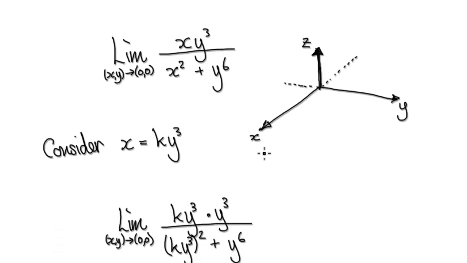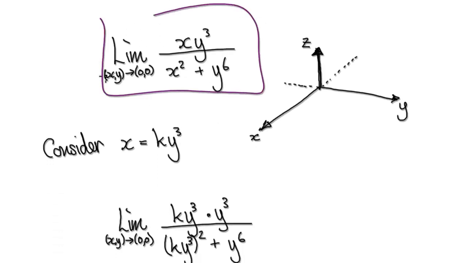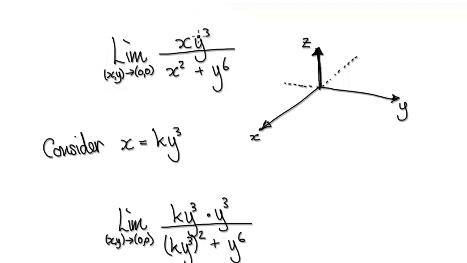So find the limit of this as x and y head towards the origin. So if you glance at this, if you look at the highest power, this is to the power of 6, and then you've got x here. So here you should consider approaching this in the manner of x equals y to the power of 3.